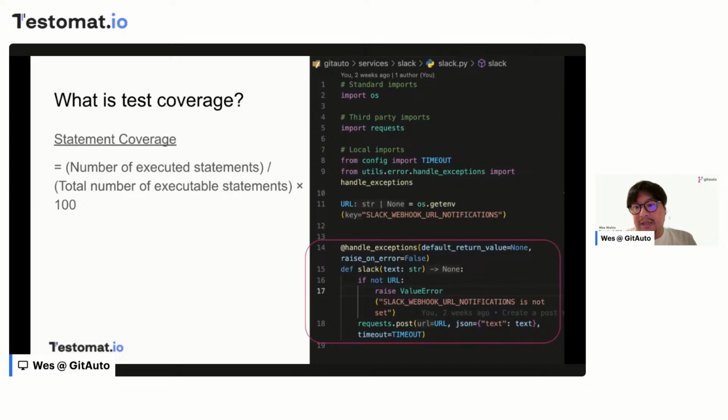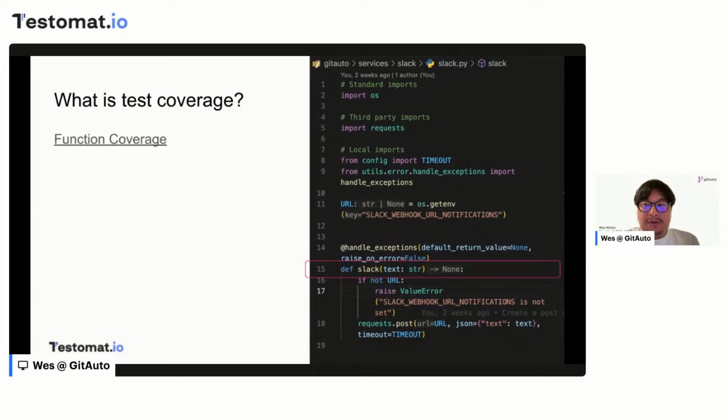Lines 16, 17, and 18, and also line 14, which is a decorator, are executable, so they are the target of testing. So 4 lines in total in this case, right? If you run all 4 lines or statements, then you're going to have 100% test coverage for this file. Easy.